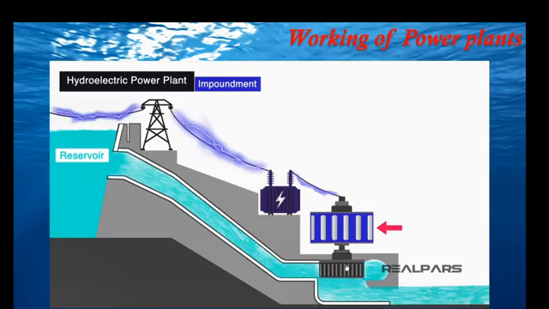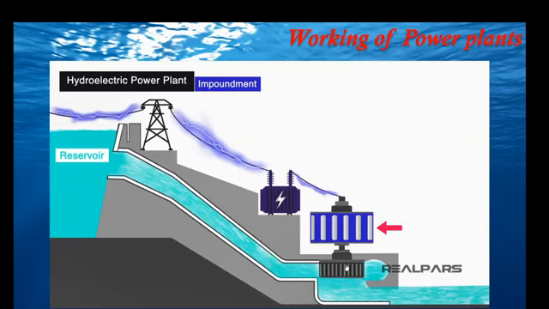So this is the working principle in real-time animation, looking like this. It is a thermal power plant which generates the power with the help of coal as a primary source. The coal is entered into the steam boiler with the help of belt conveyors, this type of belt conveyors, and it is poured into the crusher.